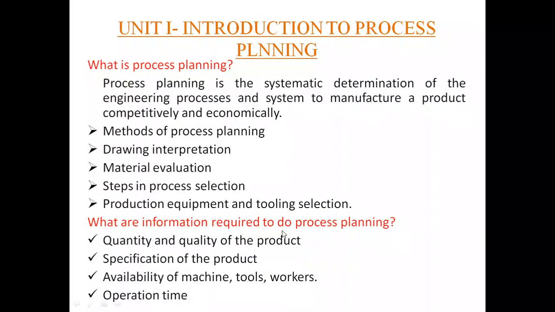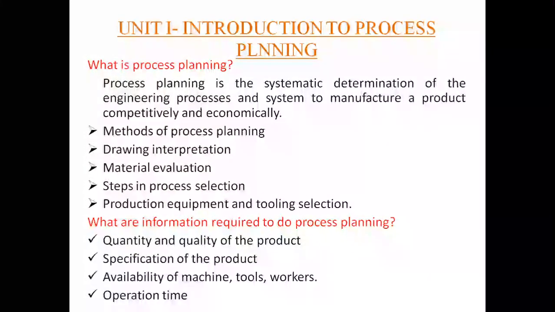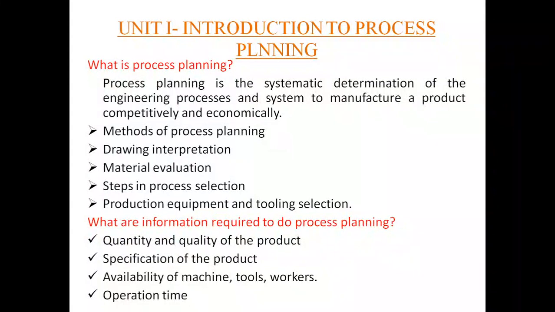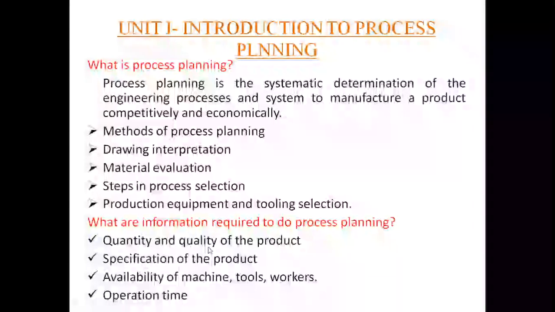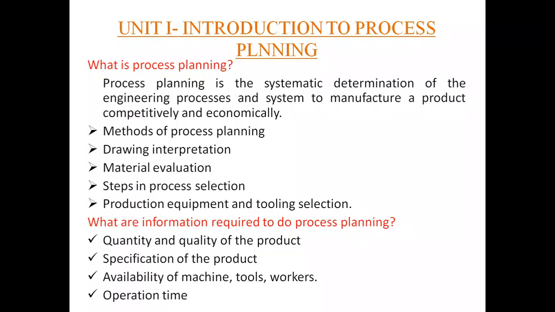And then, what is the information required to do process planning? Quantity of the product, quality of the product, specification of the product, availability of machines, tools and workers, and operation time. These are the main requirements for making the process plan. Depending on the quantity and quality, we make the process plan differently, and also on the specification of the product. Specifications of a product means, for example, take a car.